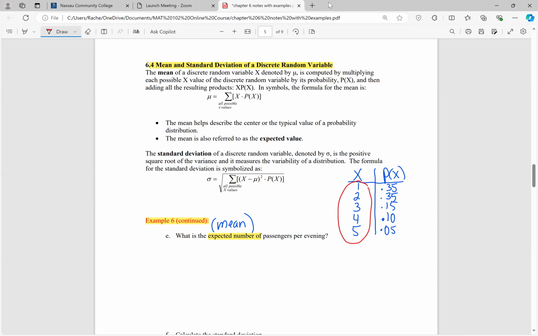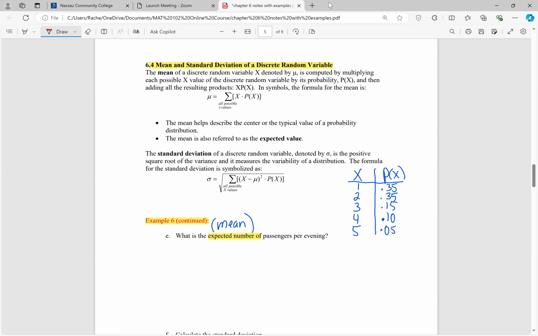And the reason is because when you do that, you're assuming that 1, 2, 3, 4, and 5 are all equally likely, meaning they have the same probability, but they don't. X equals 1 and x equals 2 have the highest probabilities, 0.35 and 0.35. And then as x increases, the probability goes down.